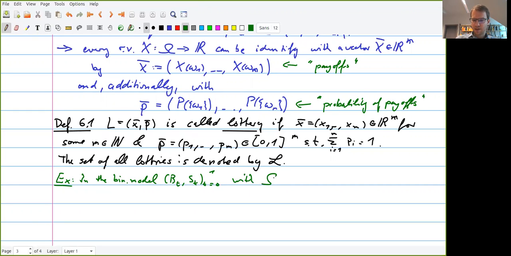So I said omega consists of two elements, so it's a finite space, and the probability that I go upwards is p, and p is assumed to be between 0 and 1. So what does it mean here?